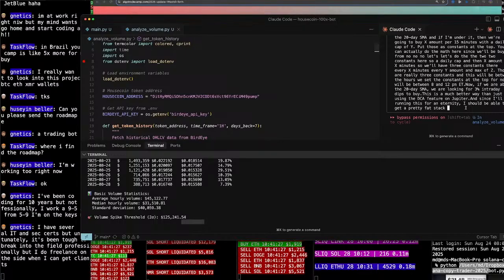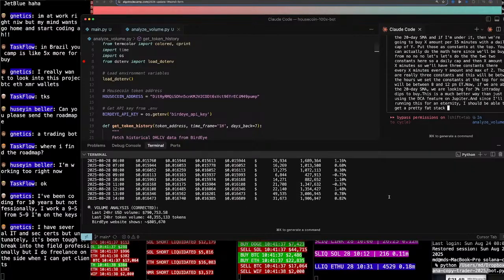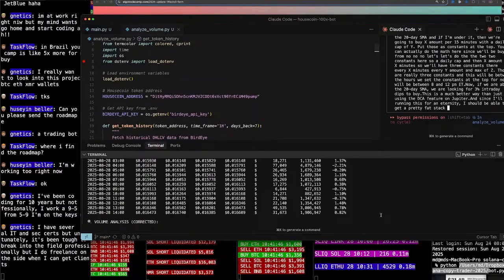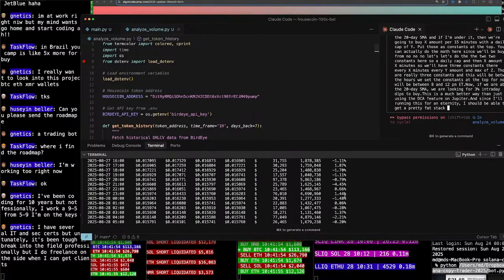So yes, we're looking for a 3% drop in that day, intraday, but we also need to make sure it's close to the, actually, let's not do both. Let's just check every X minutes just like the other one does. And if it's close to the daily low, within X%, let's say within 1% of the daily low, that's when the trigger buys will trigger.